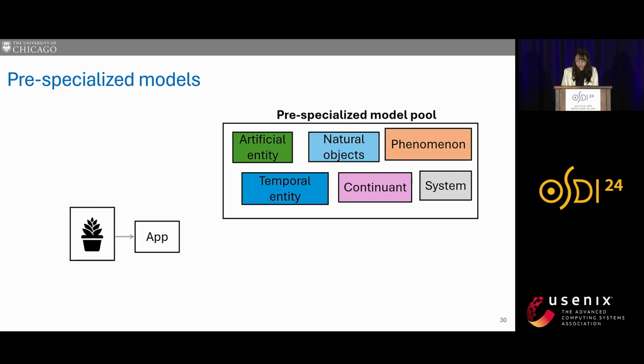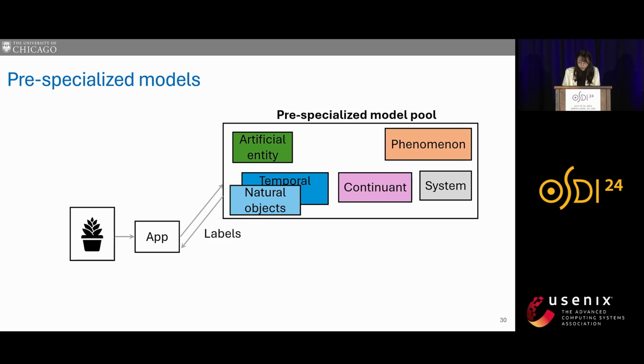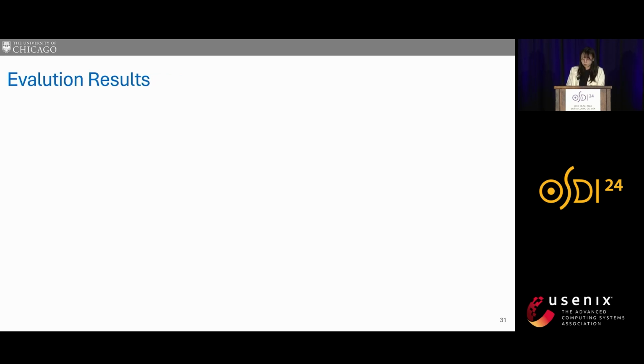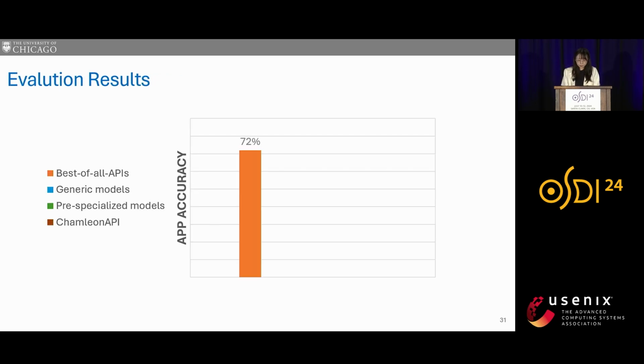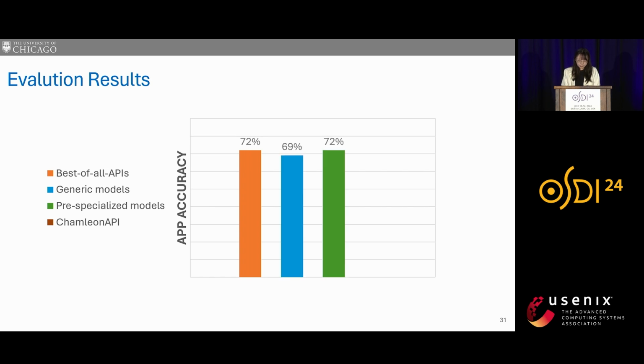For example, in this case, the natural objects model will be used to serve queries of the plant image. So this baseline serves as a middle ground where the models are customized, but not per application, but for a bunch of categories.